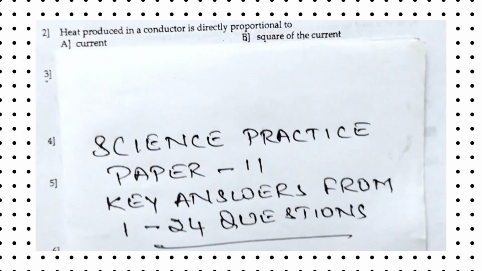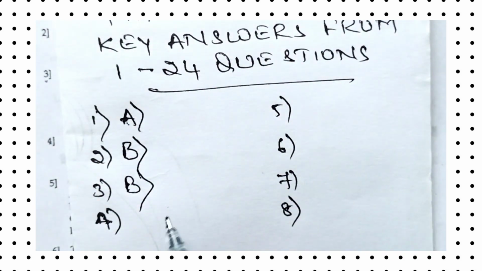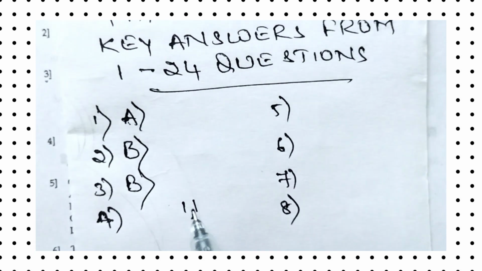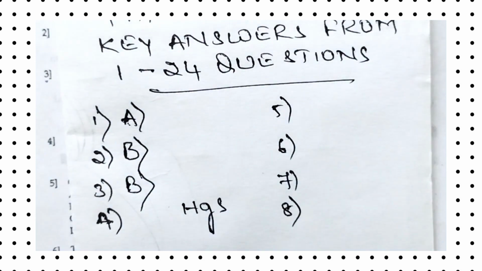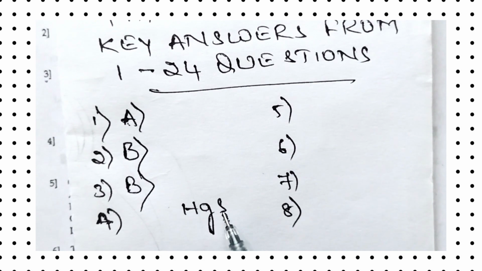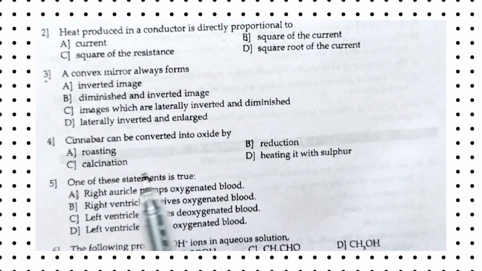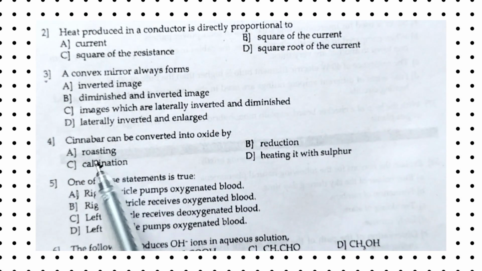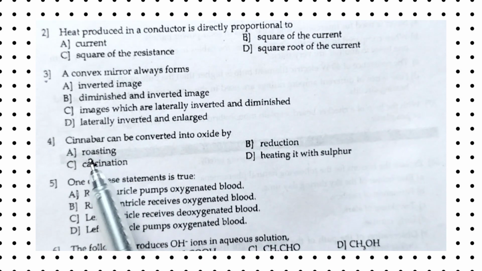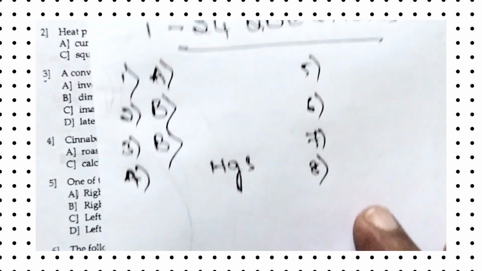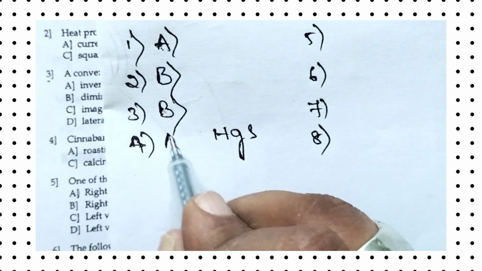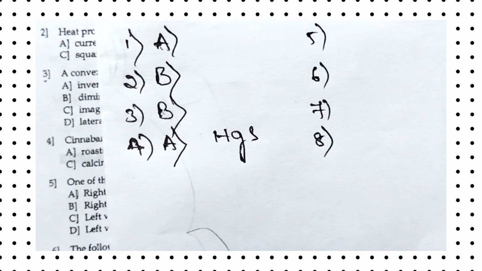We know cinnabar contains HgS, that is, cinnabar is a sulfide ore of mercury. Since it is a sulfide ore, you have to go for roasting, because roasting is done for sulfide ore. Therefore for the fourth question, the right answer is option A, that is roasting.